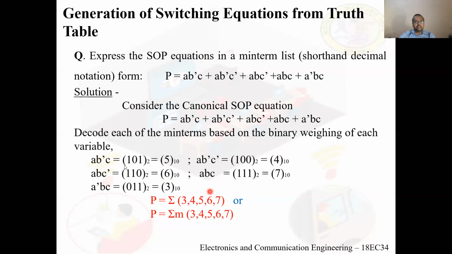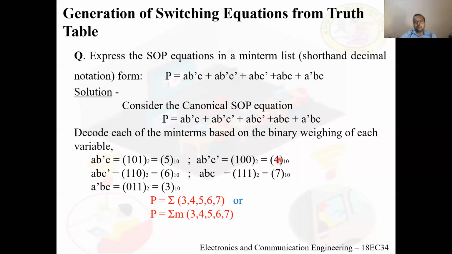Right? So now how do you write it in decimal equivalent notation form? You write it as P is equal to, and since it is a min term, you put the summation symbol. This is the summation symbol, and you say that these are the min terms for which the output, which is the P which is given here, is equal to logic 1. So what are the min terms? 3, 4, 5, 6 and 7 as we got here.